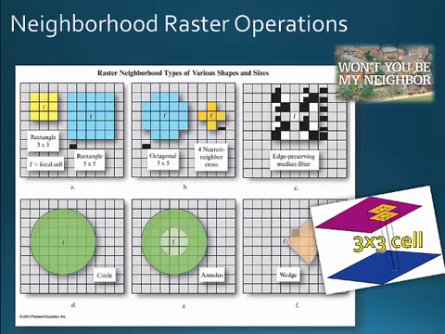Neighborhood operations are performed using a moving group of cells surrounding a focal cell. There are four types of neighborhood operations: quantitative, calculating minimum, maximum, mean, and standard deviation; qualitative; filtering; and edge enhancements.